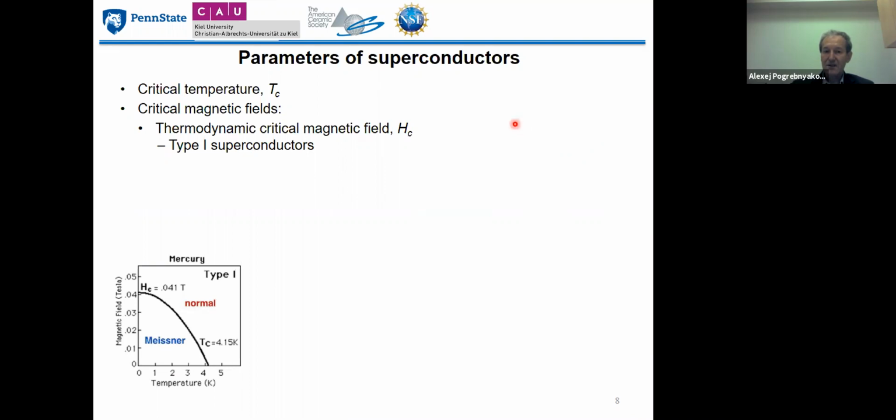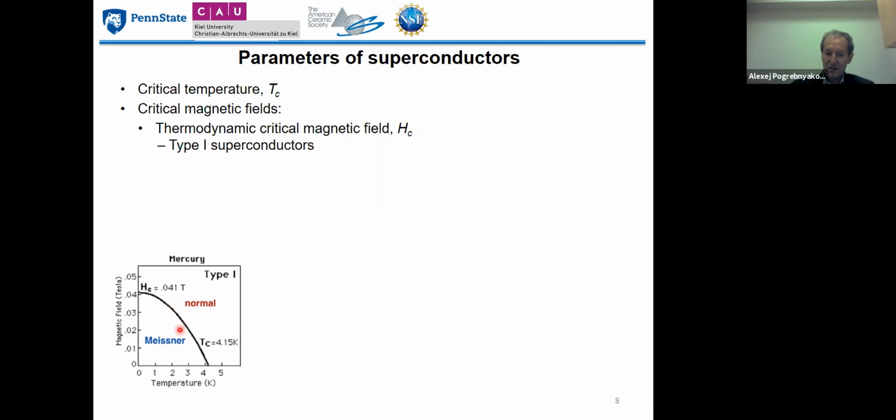So, parameters of superconductors: first of all, we already saw the critical temperature. Then there are critical magnetic fields. There are several critical magnetic fields. First of all, it's the thermodynamic critical magnetic field. It's characteristic for type 1 superconductors.